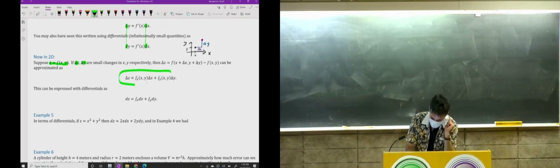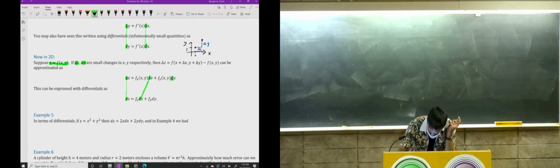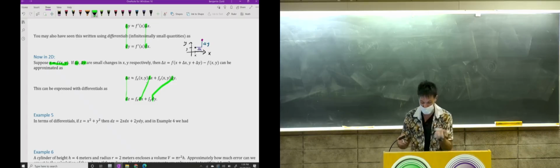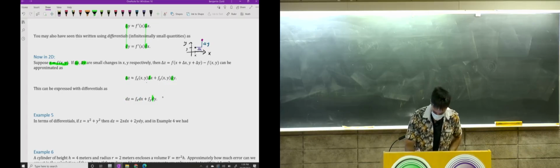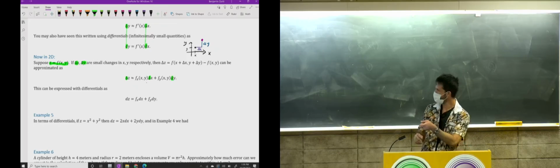So we can again express this in terms of differentials if we now replace all the deltas with d's. And it then becomes exact now that these are infinitesimal quantities. And it reads dz is f sub x dx plus f sub y dy. Hey, now you're doing calculus, man.